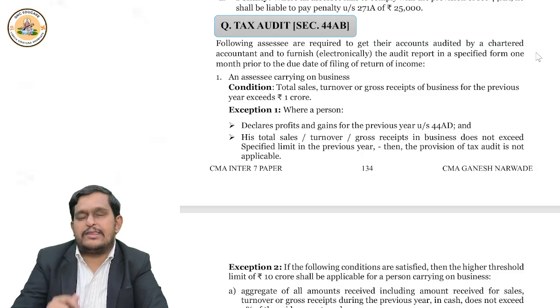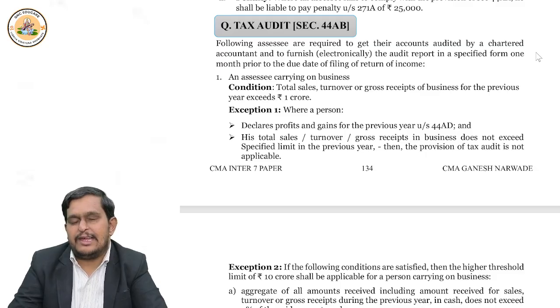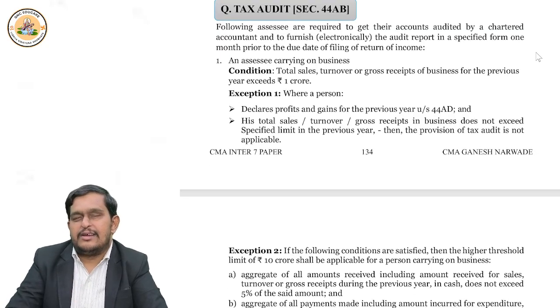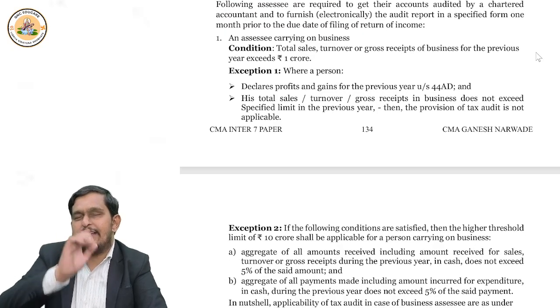If your turnover is exceeding 1 crore, then do the tax audit. If less than that, not required. But suppose your cash receipts and cash payments throughout the previous year don't exceed 5%.